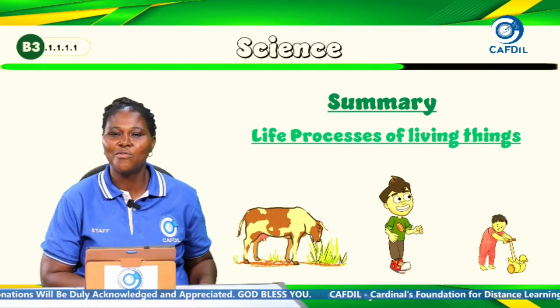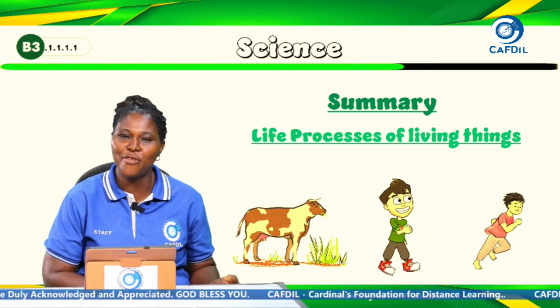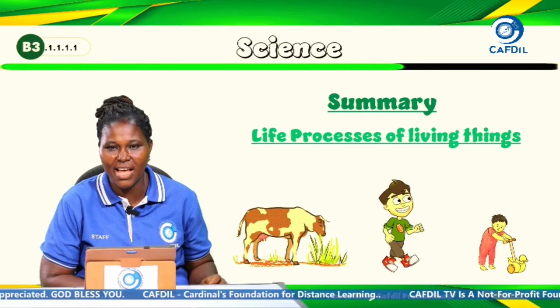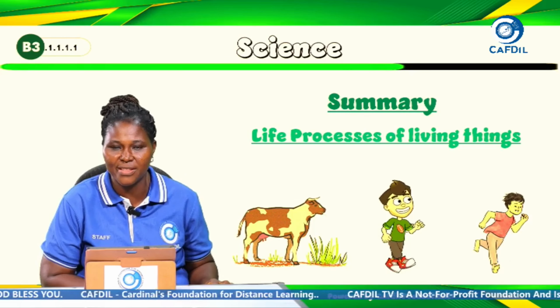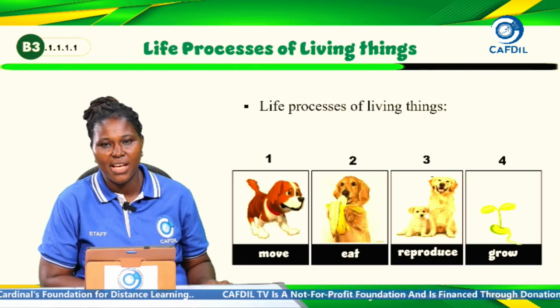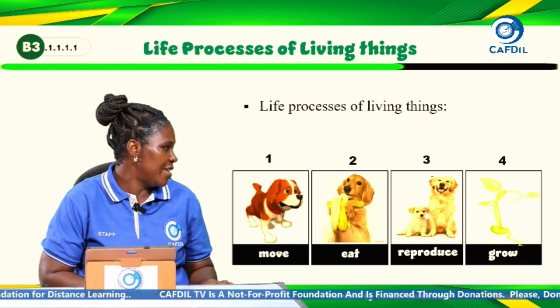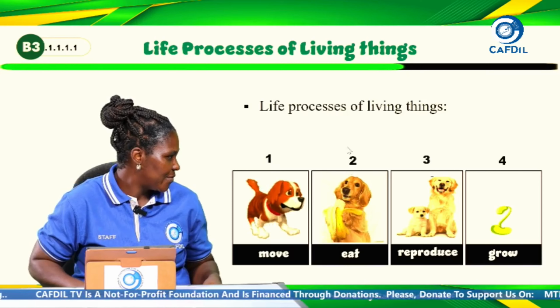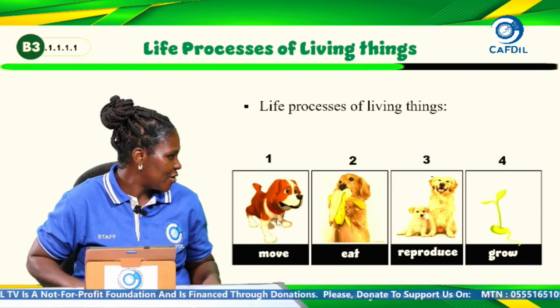Now you have done very well. Let's come to the summary of our lesson. Life processes of living things. Living things move. As we can see, the dog is moving.